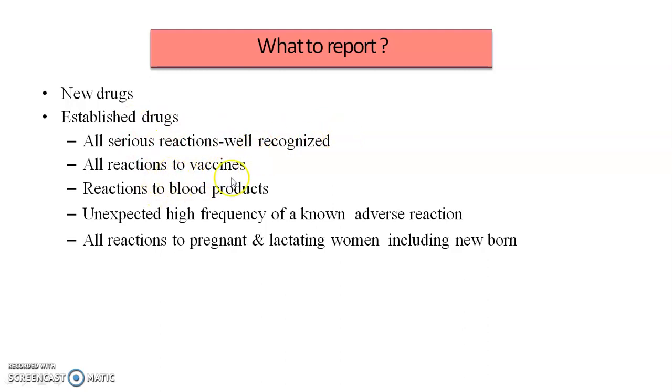All reactions to vaccines which are available, for example polio, BCG, tetanus, any vaccine which is available, we can report it. Even we can report reactions to blood products also, and we can report unexpected high frequency of unknown or known reactions, and we can report reactions even in pregnant or lactating women, including newborn babies.